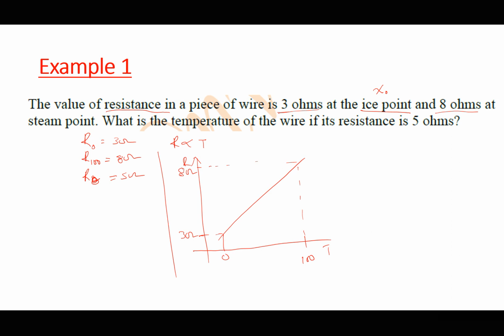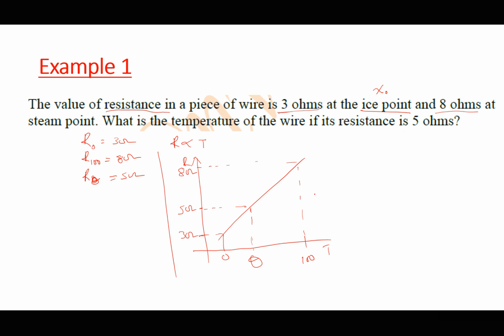It doesn't require one to be a genius to see that 5 ohms is somewhere in between 8 and 3. So let's say 5 ohms is somewhere there, and I want the temperature corresponding to 5 ohms. I'll call this one theta.